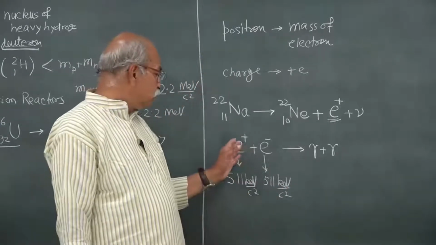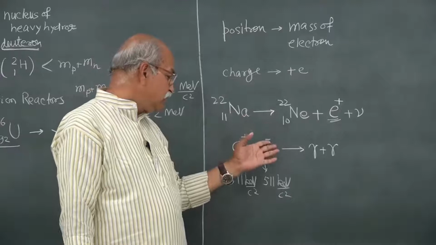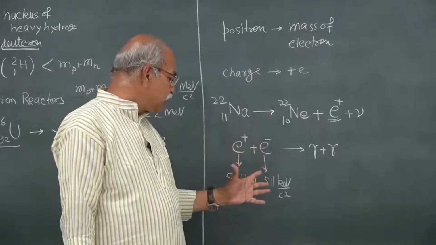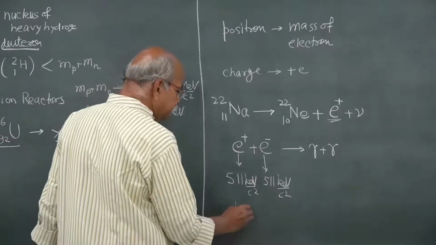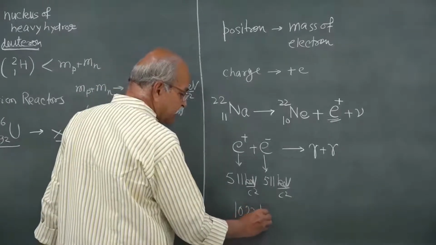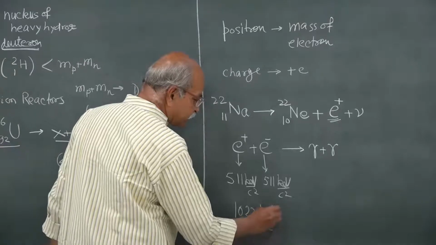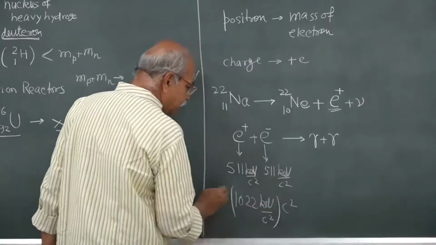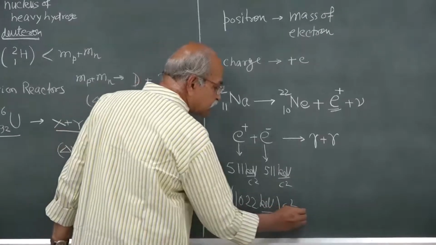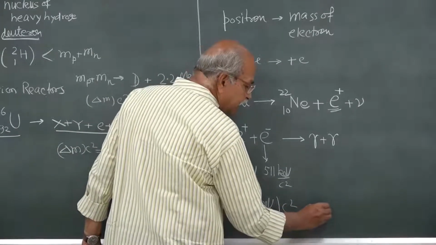So, when this mass converts into energy, how much energy should you get? The total mass is 1022 keV by c square, that is the mass which is converting into energy, and that mass times c square will be the energy, and that will be just 1022 keV.